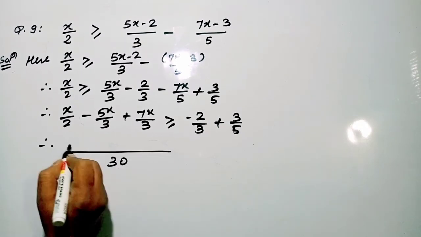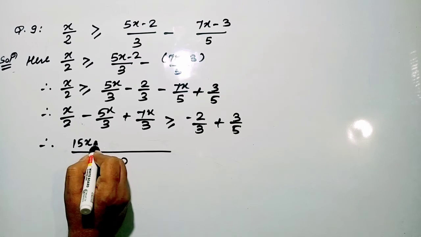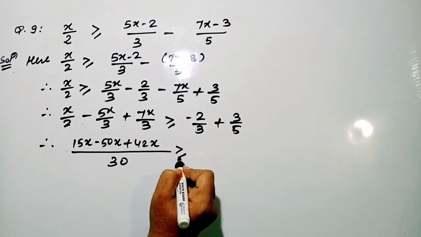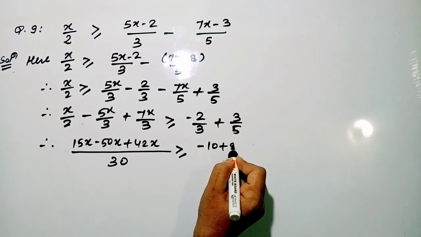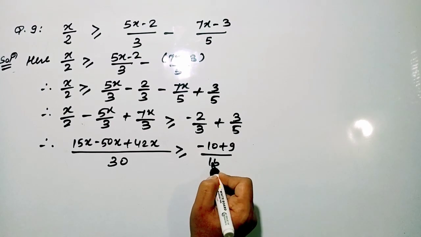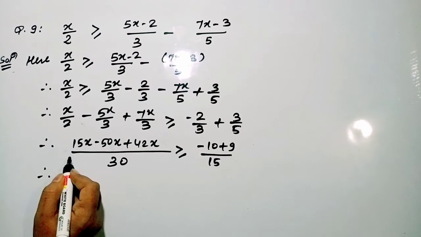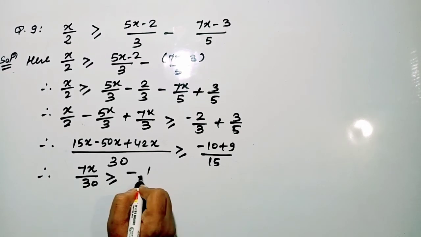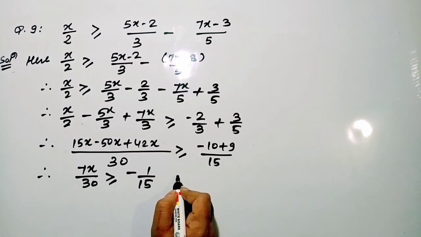So taking the LCM we are getting 30. So here will be 15x - 50x + 42x ≥ LCM will be 15, so we are getting -10 + 9. By simplifying these things we are getting 7x/30 ≥ -1/15.